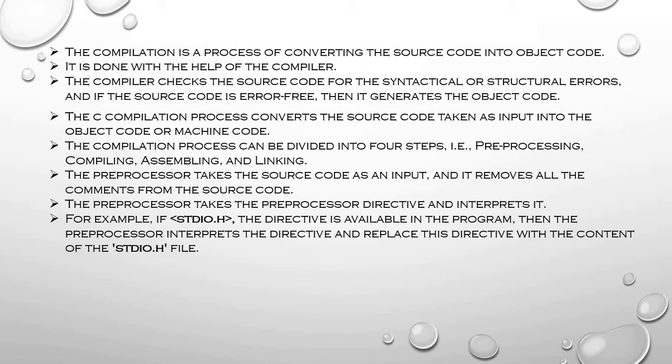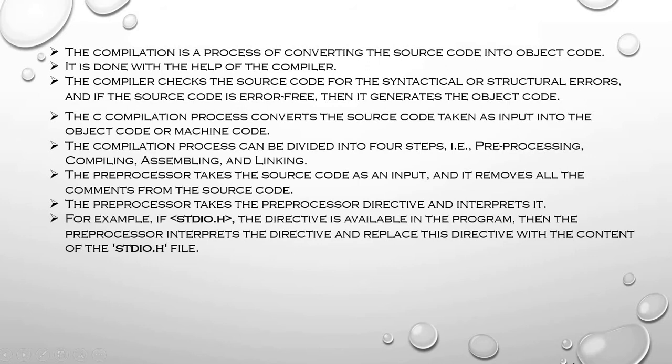So whenever we compile the code, it creates the OBJ, that is an object code, for that particular source code file, that is the .c file. It is done with the help of the compiler. So whenever we press Ctrl F9, it will create the object code for the .c file.